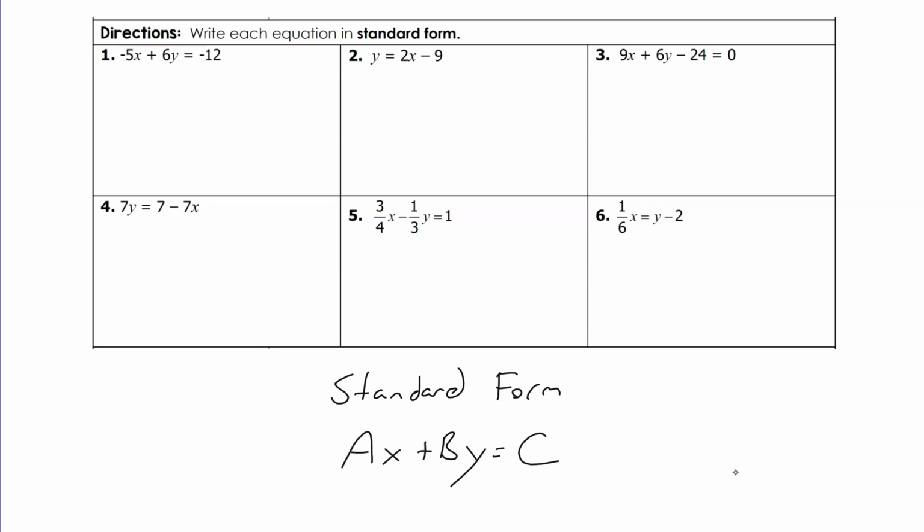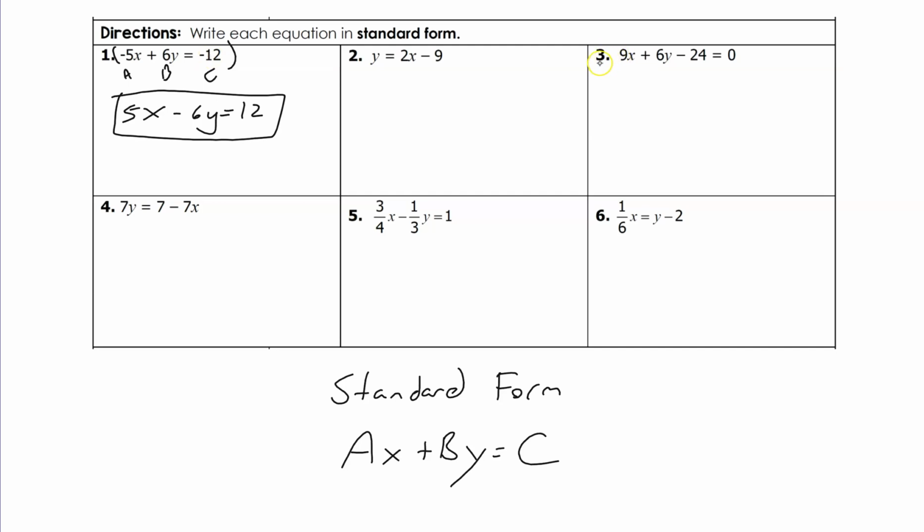Now notice that number 1 is negative 5x plus 6y equals 12. Well, if I want to get my a, which is 5, because this is my a, this is my b, and this is my c, I want my a to be positive. So if I make this a 5x, I have to make this a negative 6y and a positive 12. So all I did was change the signs, or multiply everything by negative 1, because if I change the signs of one thing, I have to change the signs of everything.